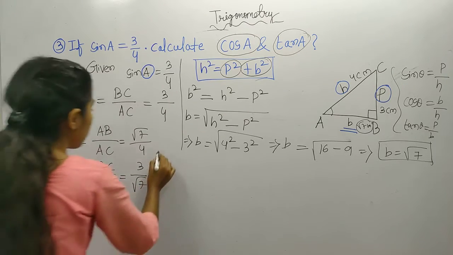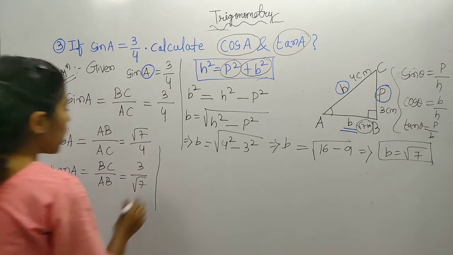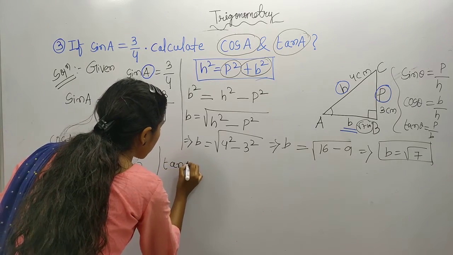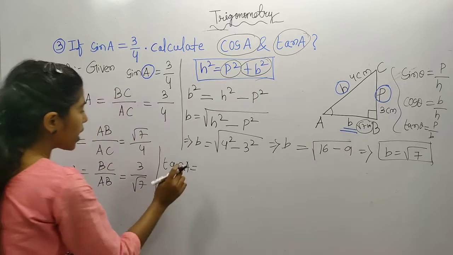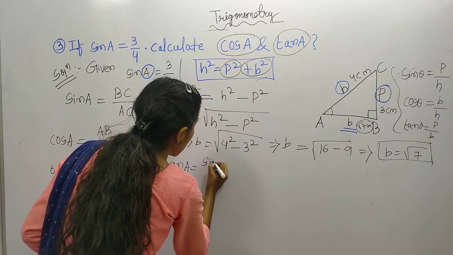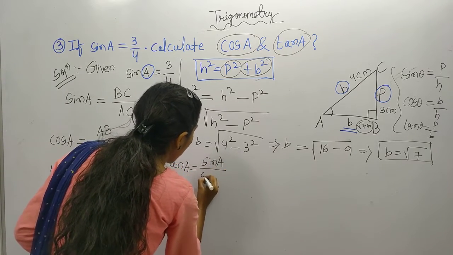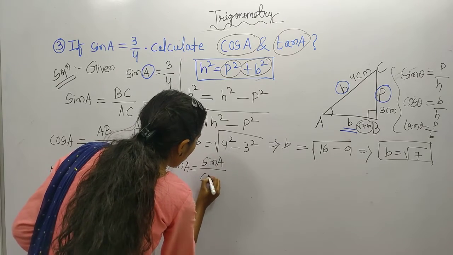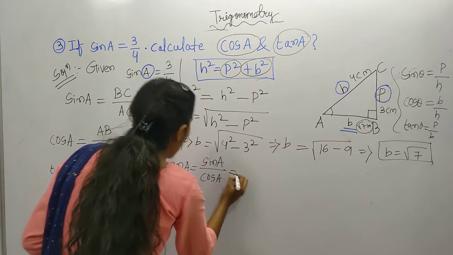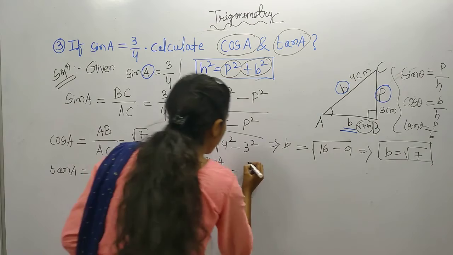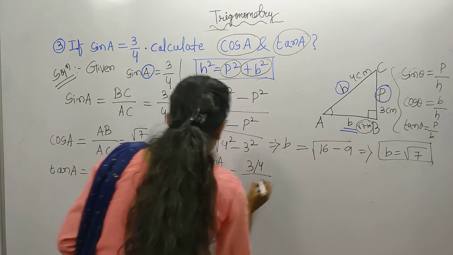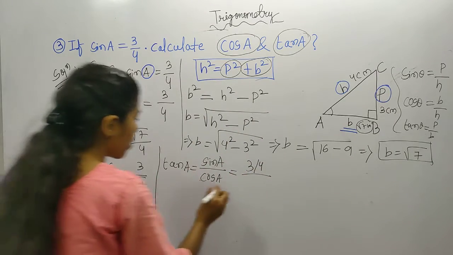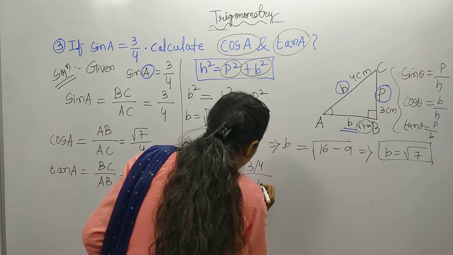So here you see how we can verify. We know the formula for tan theta. Here it is given tan A, so it will be sin A by cos A. Sin A is 3 by 4 divided by cos A, which is root 7 by 4.